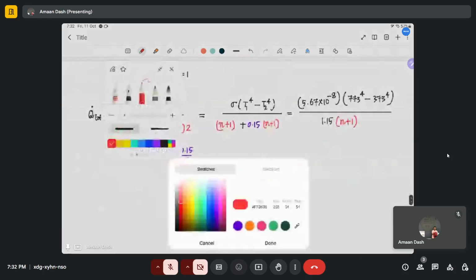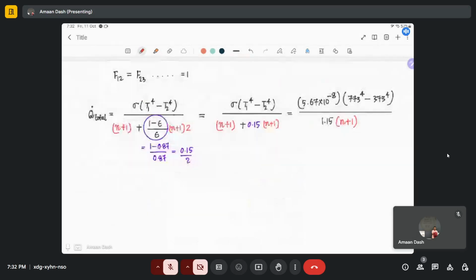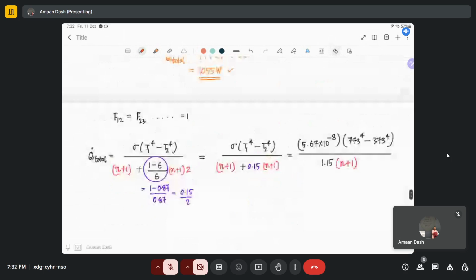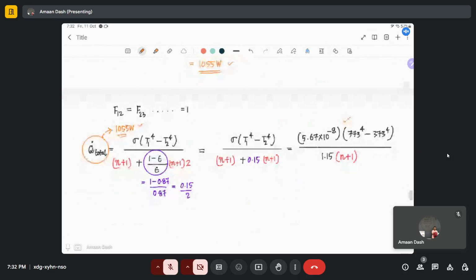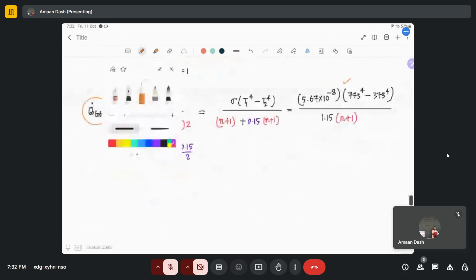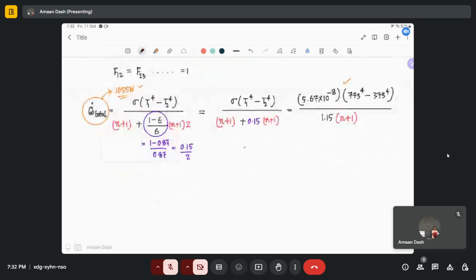So if you do this, you will be getting the expression to be something like this. Yes, if you include this 2 as well, this will be 0.3 divided by 2. So this will be simplified to 0.15.